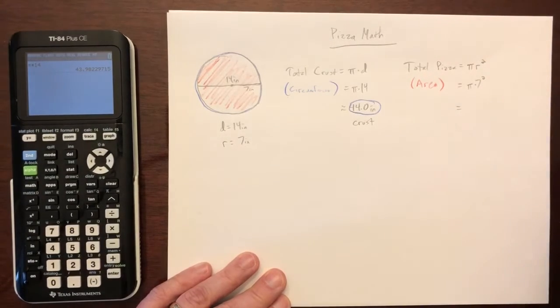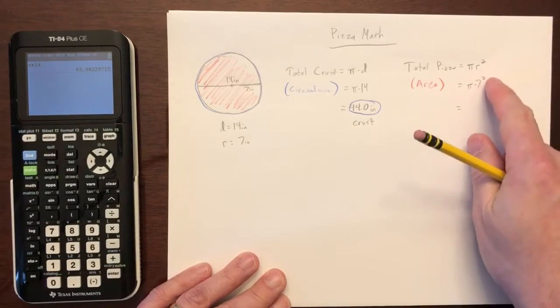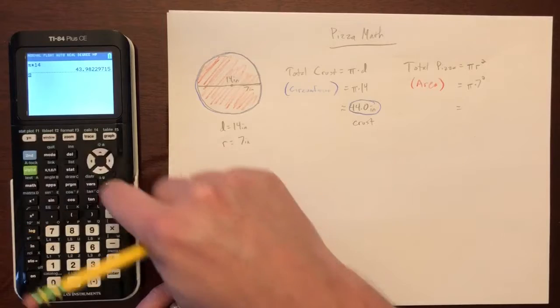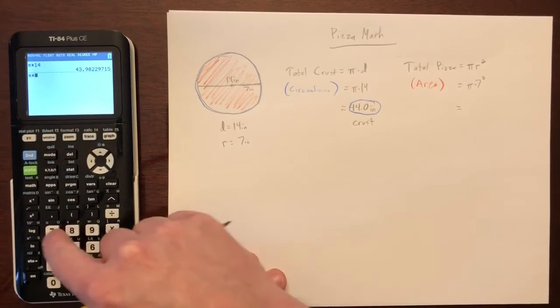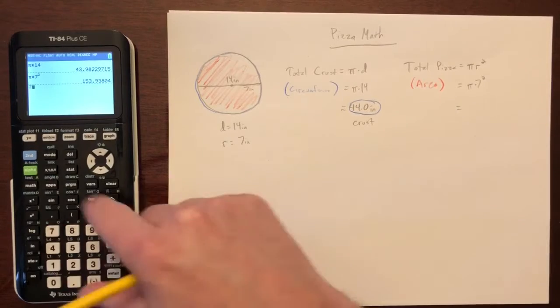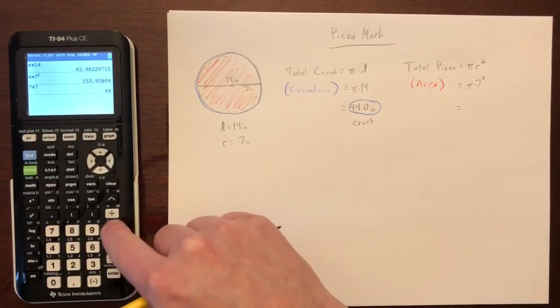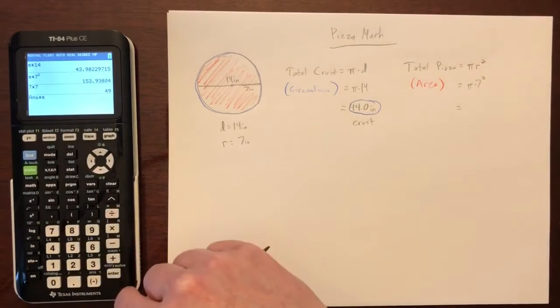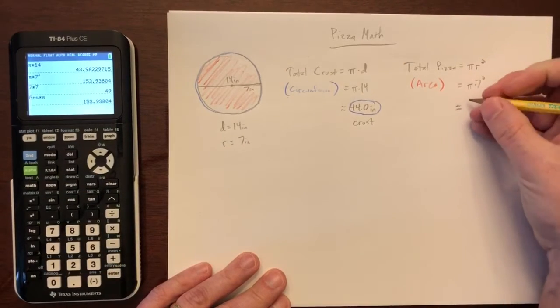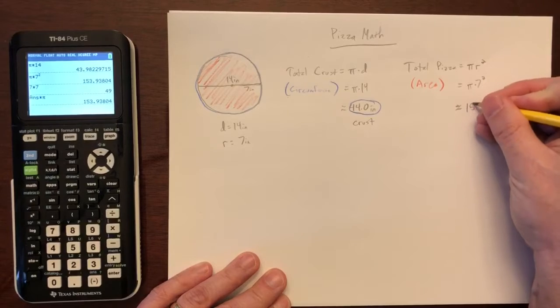Order of operations is important. Which you do first, multiply or square? You definitely square first. So if you have a fancy calculator, you can type it all in. You can do pi times 7 squared. Or if you don't, and you need to do 7 times 7, and then that times pi, that's fine too. Either way, you get approximately 153.9.